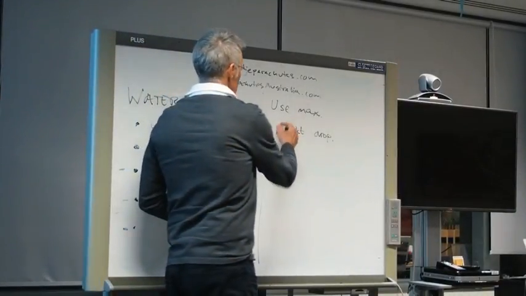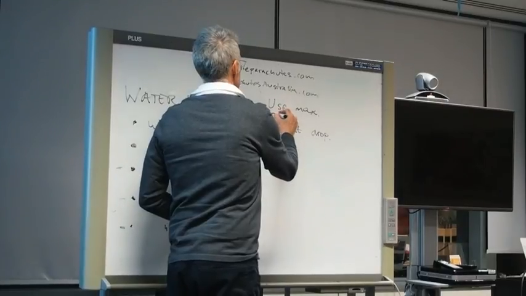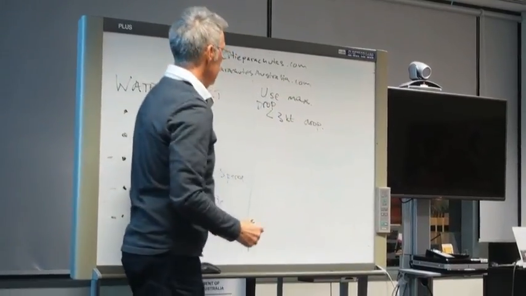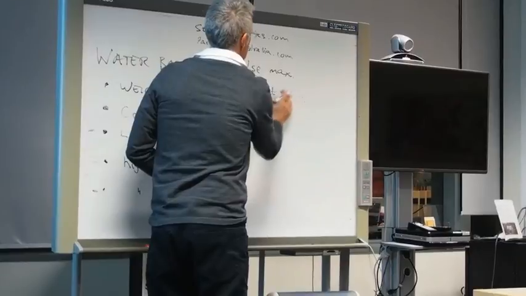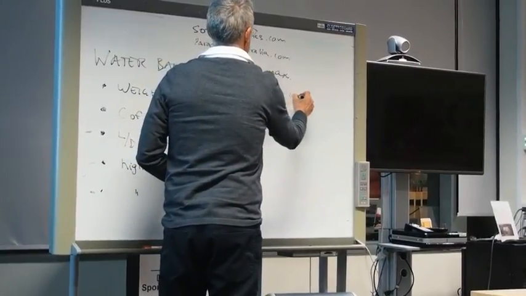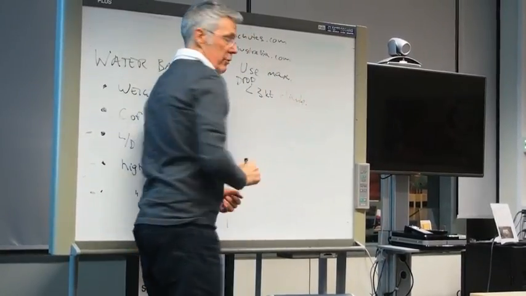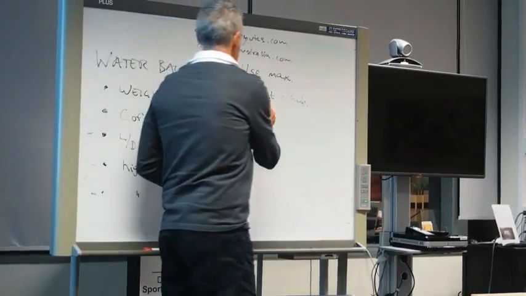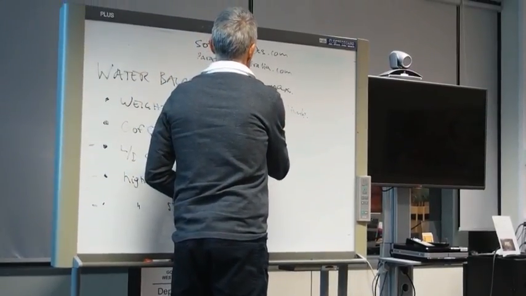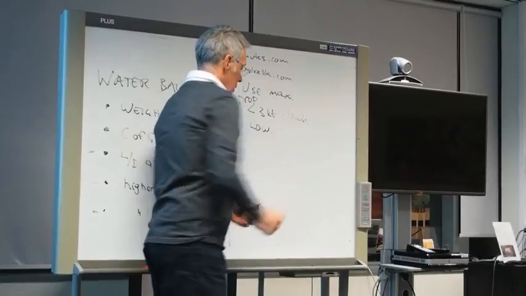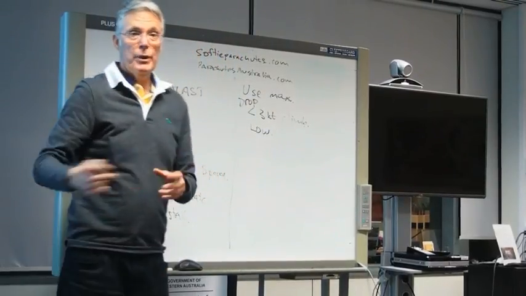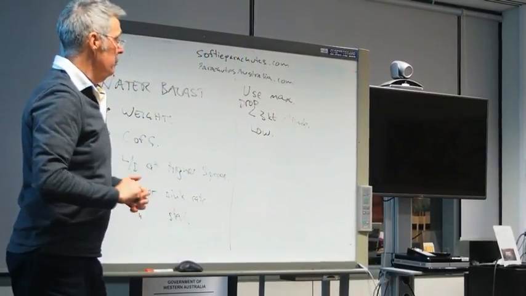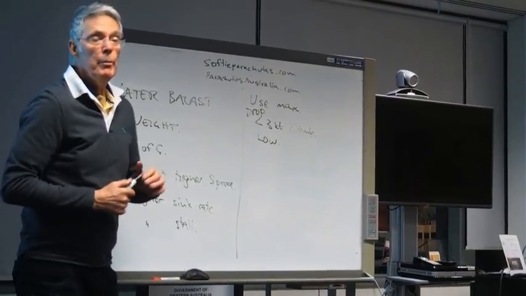Another time you would drop it is if you get low. If you get low, then A, you don't want to have it when you land, but B, you're going to climb better without it.